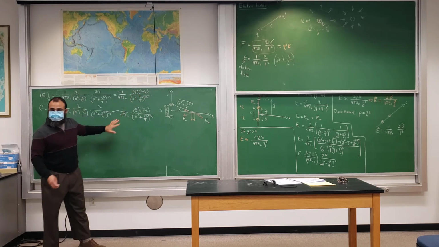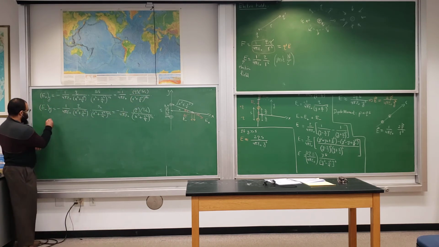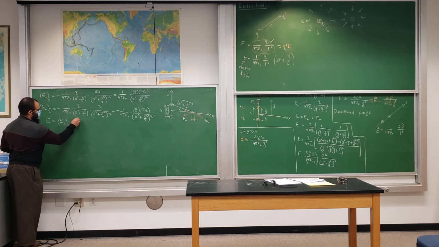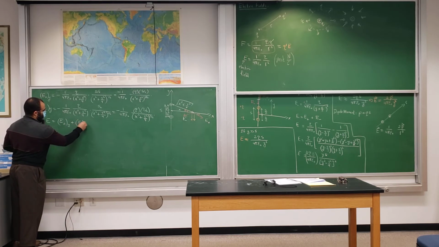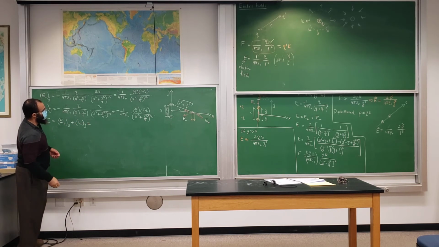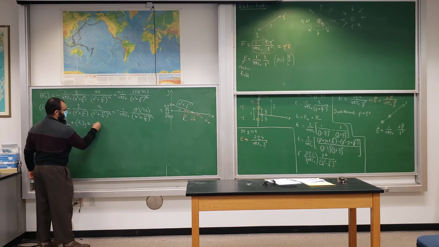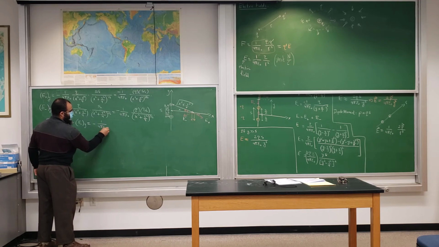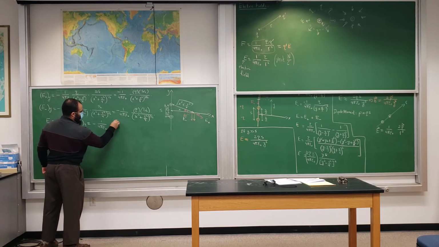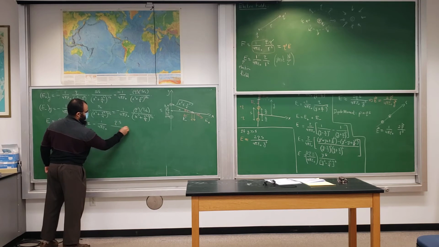So the total electric field is E plus y component plus E minus y component, so minus 1/4 pi epsilon naught, q times s, over x squared plus s squared over 4 to the power 3/2.